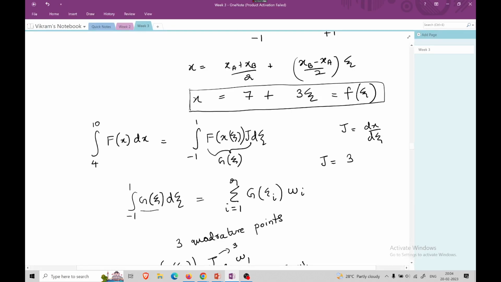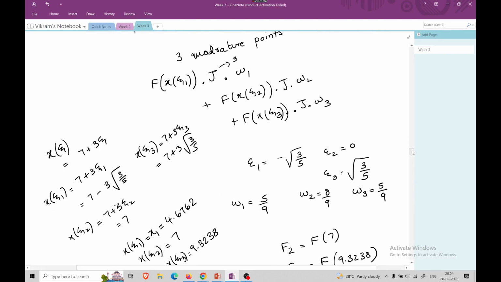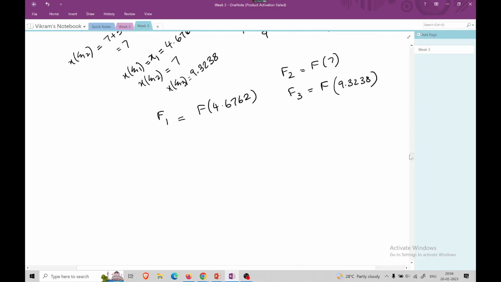So this is my formula. J is common for everything, so J is common into F1 w1 plus F2 w2 plus F3 w3. So you can calculate F1, F2, F3.